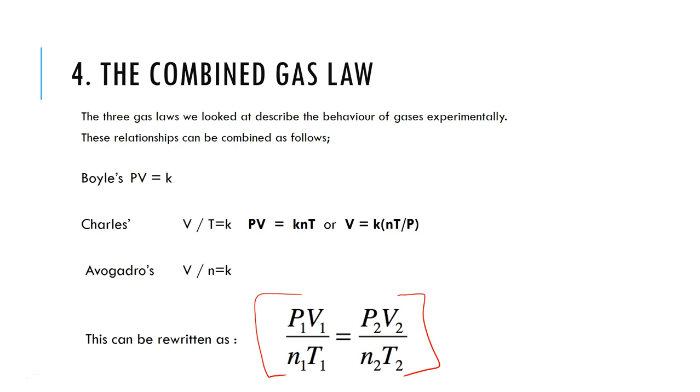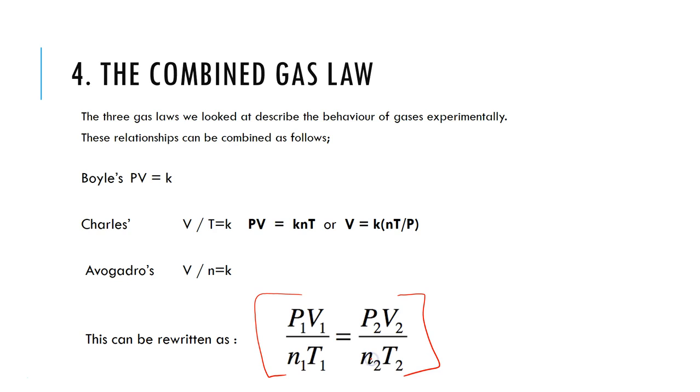If we know what's constant, we can remove it from the equation. So if n and T are constant, we can remove those from the equation, and we get left with Boyle's law, which makes sense because it was the relationship between pressure and volume where the amount of mole and temperature were constant.